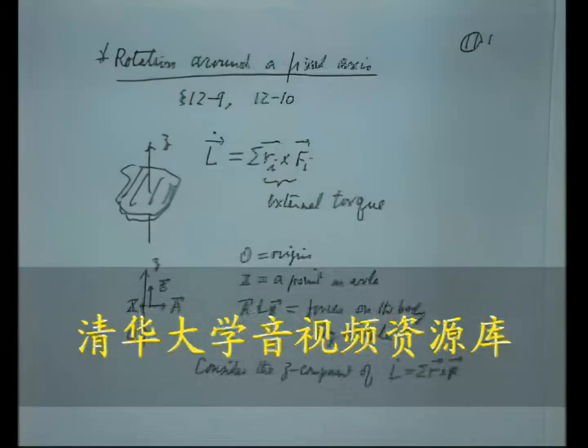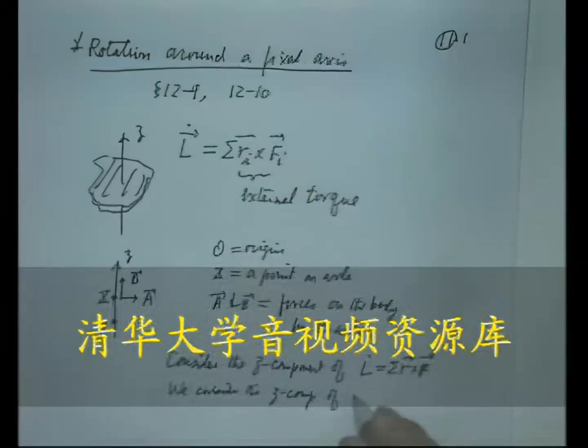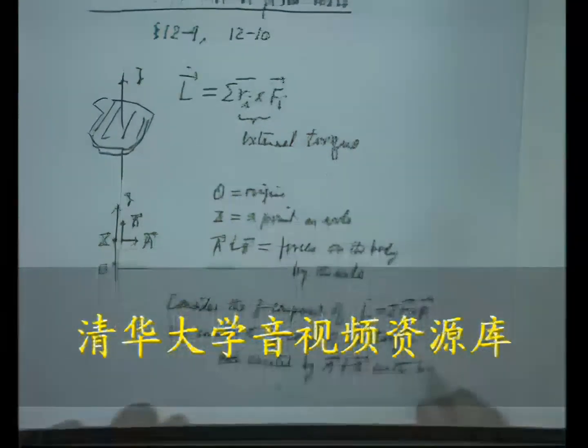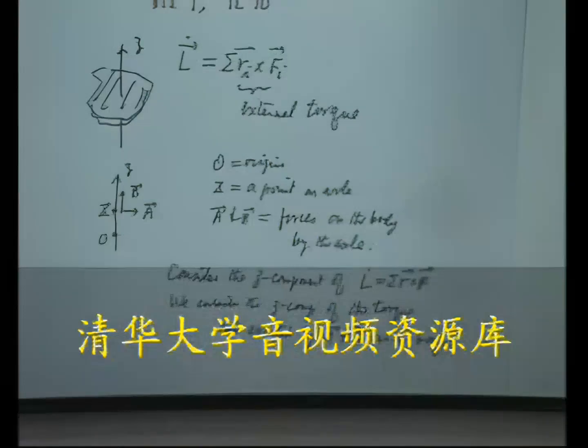So we consider the right-hand side, the torque exerted on the body by A and B. The z component of the torque exerted by A and B on the body. Okay.